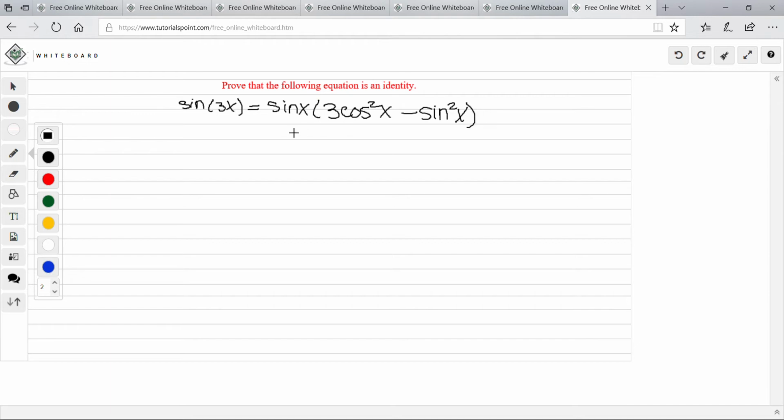So we gotta prove this is an identity. So when we have to prove this, we have to make the left side equal to the right side, right? Or the right side equal to the left side. So they gotta equal the same thing.